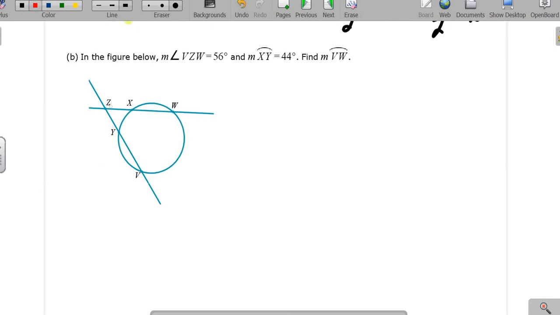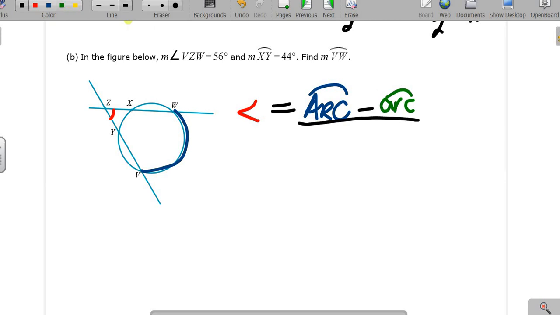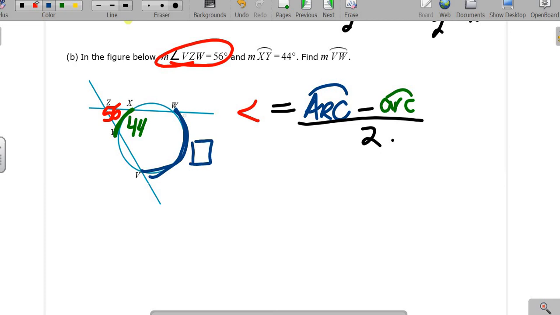Taking a look here, this one is angle equals big arc minus little arc over 2. Big arc minus little arc over 2. Ready? Let's see what we have here. We are told the angle is 56. And X to Y, that's this arc right here, is 44. We're being asked to find V to W, which is this big arc.